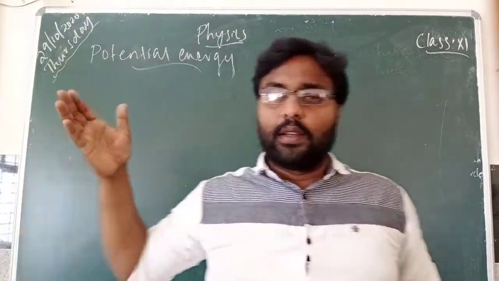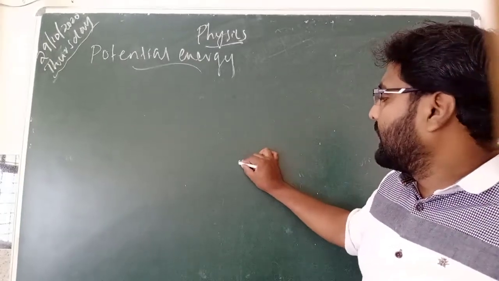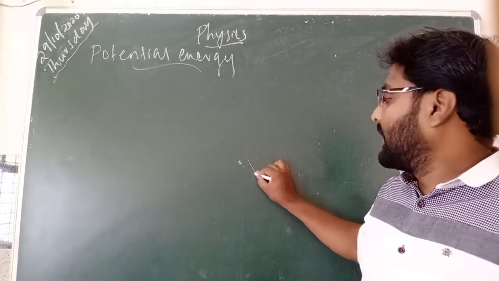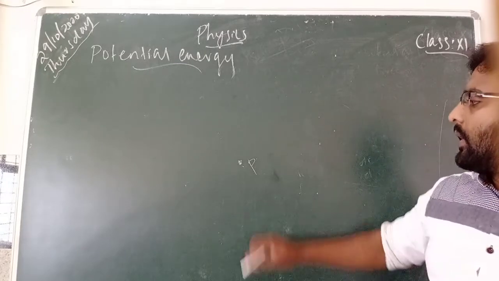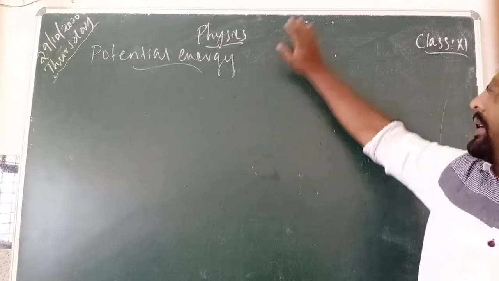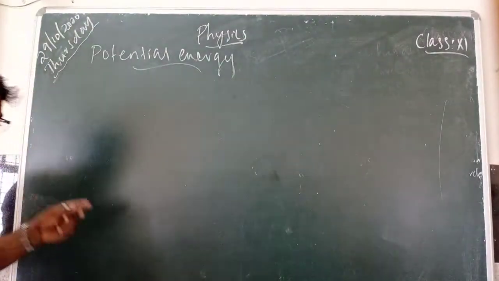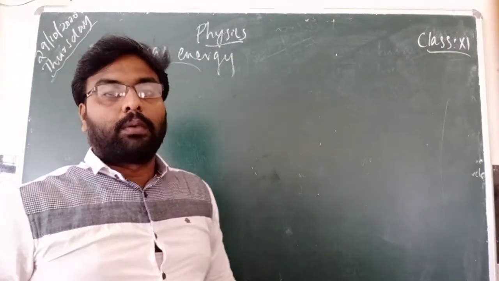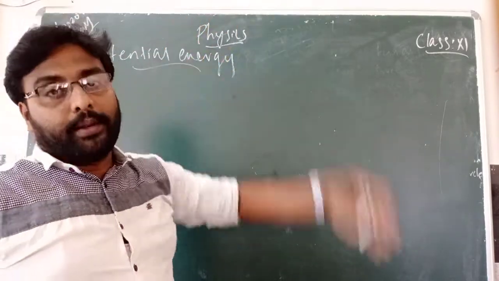So here, in our derivation, assume that one object is at rest. This is the initial position of the object, P you can keep. Assume that you are moving this object. For example, this blackboard is kept down and you are lifting this blackboard upward.